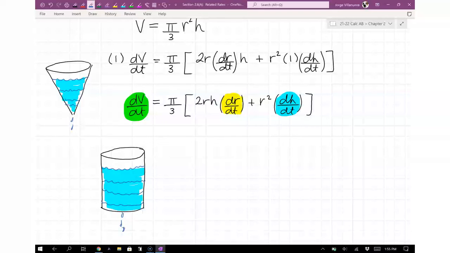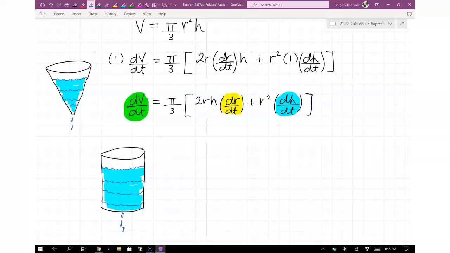Now, sometimes the problems we do are not going to just be based on three-dimensional shapes. Sometimes they're going to say there's a point on a graph here, there's a point on a graph here, they're both moving towards each other. How fast are they moving towards each other?